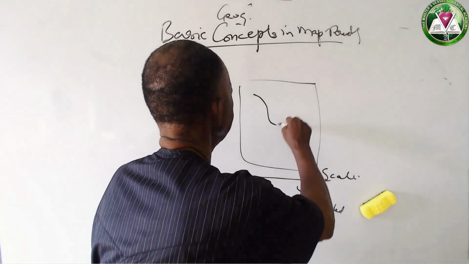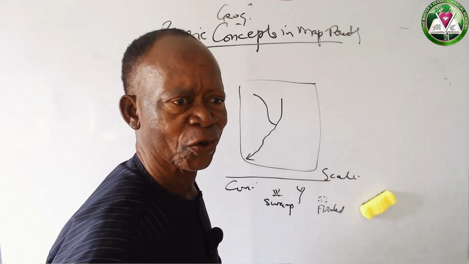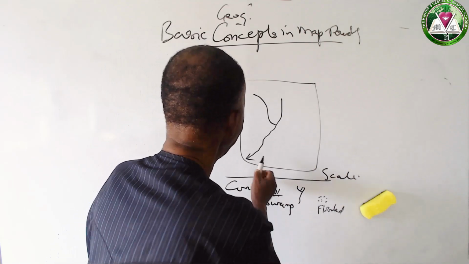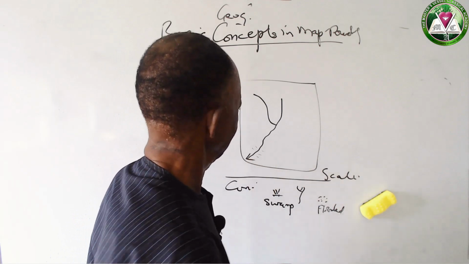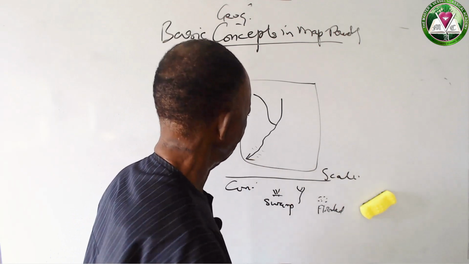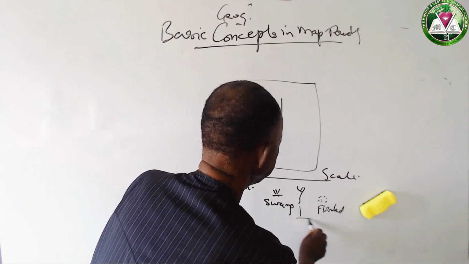So if this is a river, with the direction of flow, and we have that sign, then this other one will be trees.